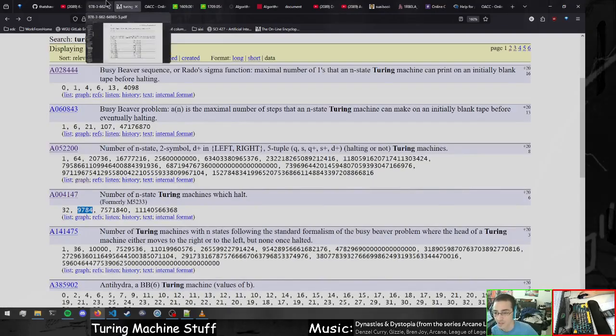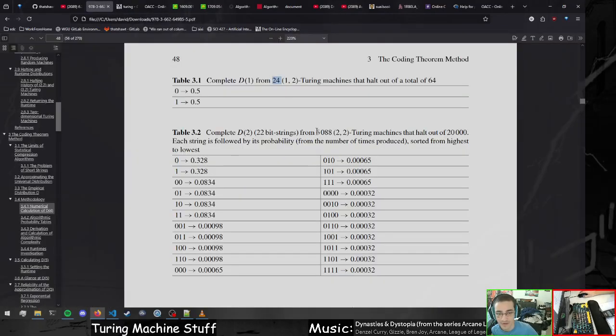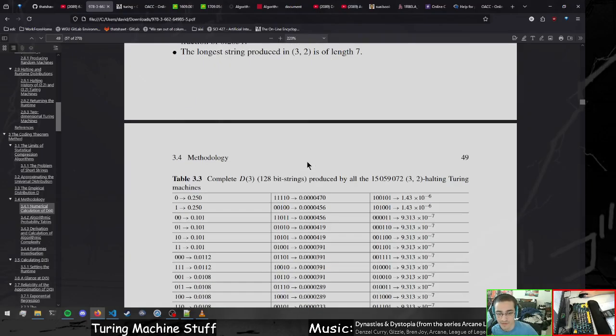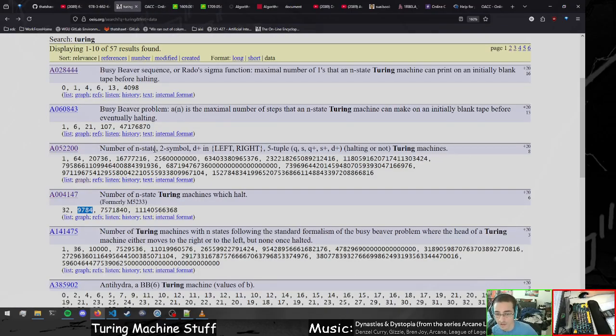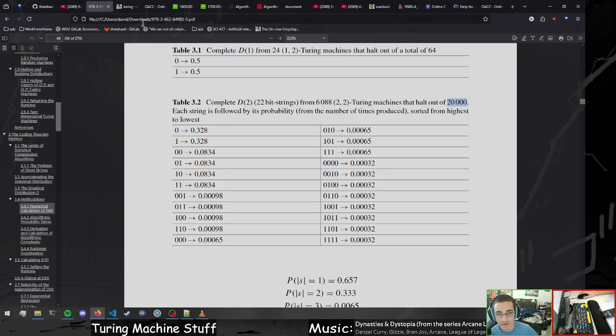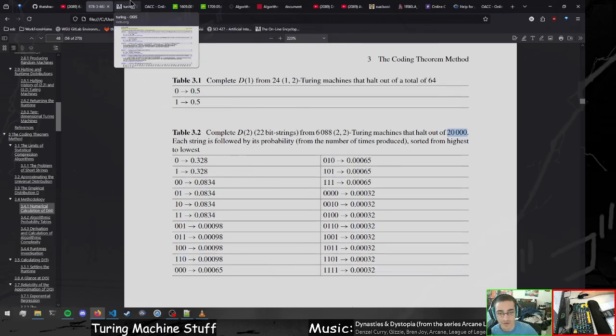And the next one is 9,700. Okay, they're definitely... I don't know what's happening here. They're saying there's 20,000. There's not 20,000. There's 20,736. What?